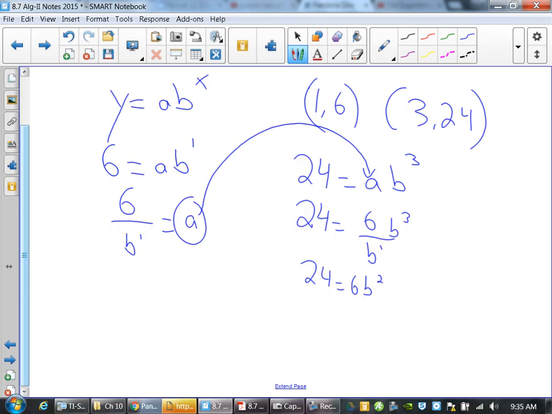Divide by 6 and take the square root. Now remember, these are bases and exponents. Are we going to have a negative base? So it gives you a b value of 2 and an a value of 3. And then you get your equation, y equals 3 times 2 to the x.